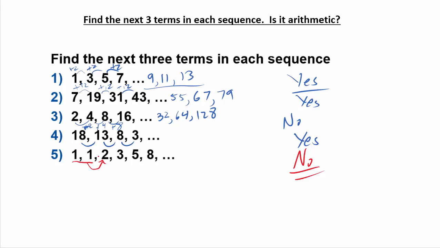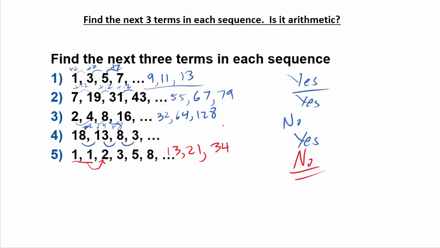So 1 plus 1 is 2. 1 plus 2 is 3. 2 plus 3 is 5. 3 plus 5 is 8. Now for the next term, 5 plus 8 should be 13. To get the next term, 8 plus 13 would be 21. And then finally, to get the third term, 13 plus 21 is going to be 34.